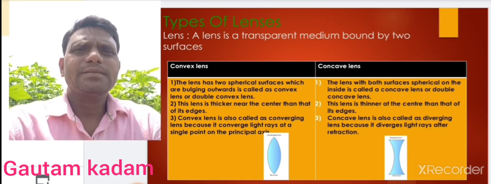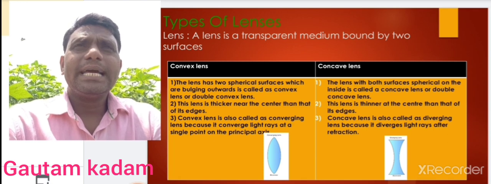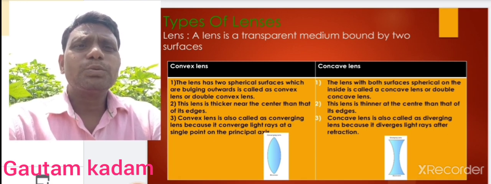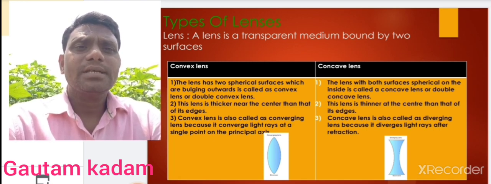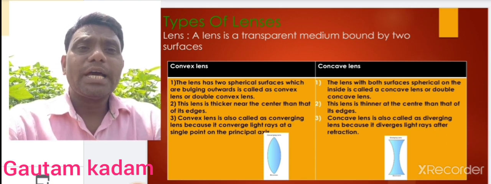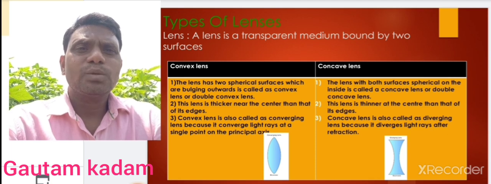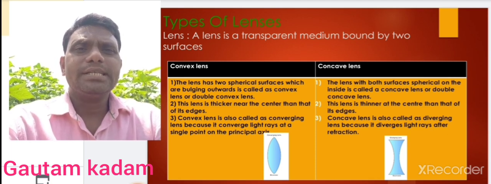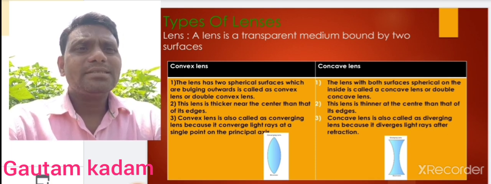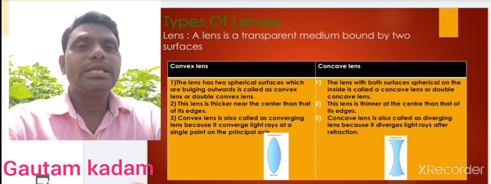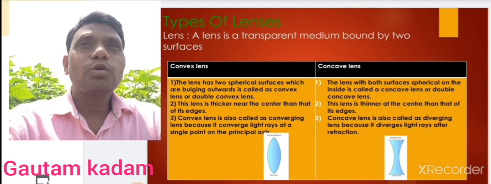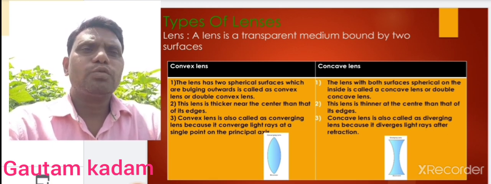Convex lens: a lens that has two spherical surfaces which are bulging outwards is called a convex lens or double convex lens. The lens with both surfaces spherical on the inside is called a concave lens or double concave lens.